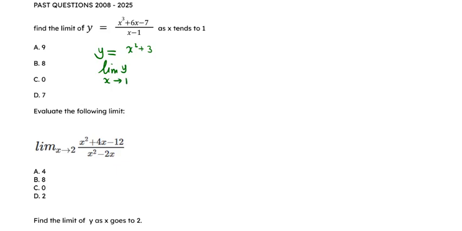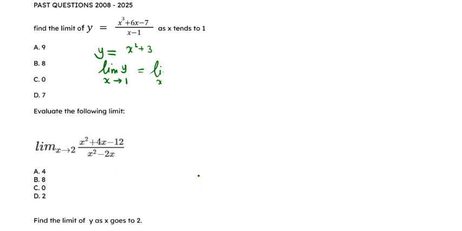So it means you want to find the limit of x squared plus 3 as x approaches 1. This is a symbolic way of writing the limit of a function. Here, direct substitution can work by just substituting your 1. You get 1 squared plus 3, and 1 squared is 1, plus 3, you get 4. In this case direct substitution works.